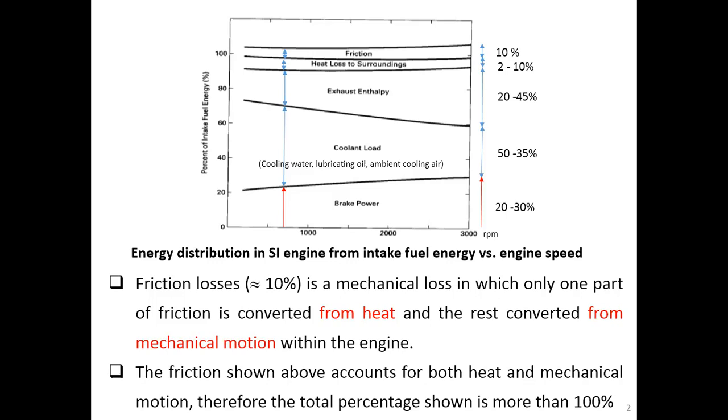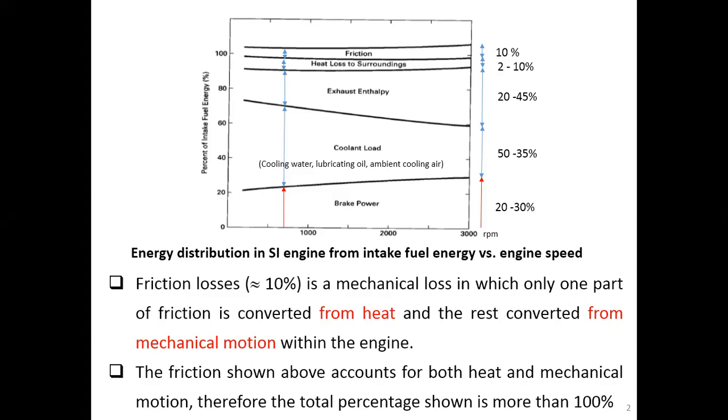And then the parts move inside the engine, and due to that motion, another friction comes out. This is from mechanical motions, not from the heat, because the heat that turned into the brake power and gave you the motions is already done.